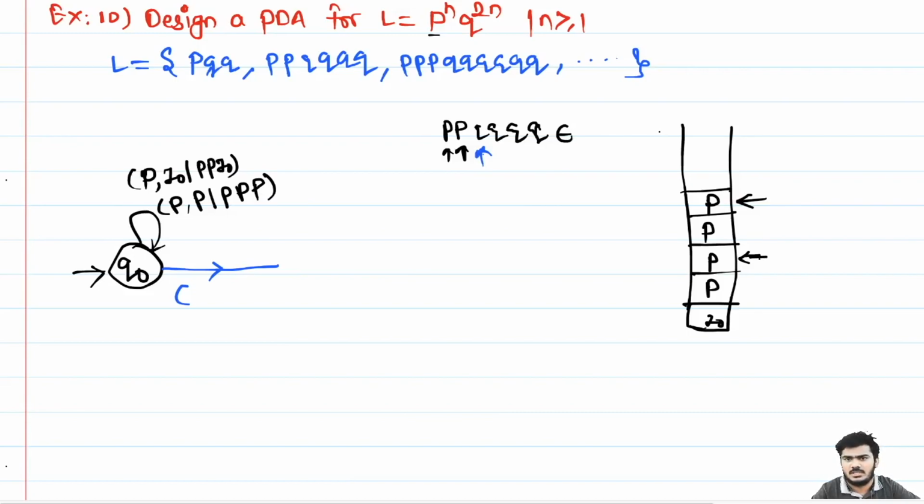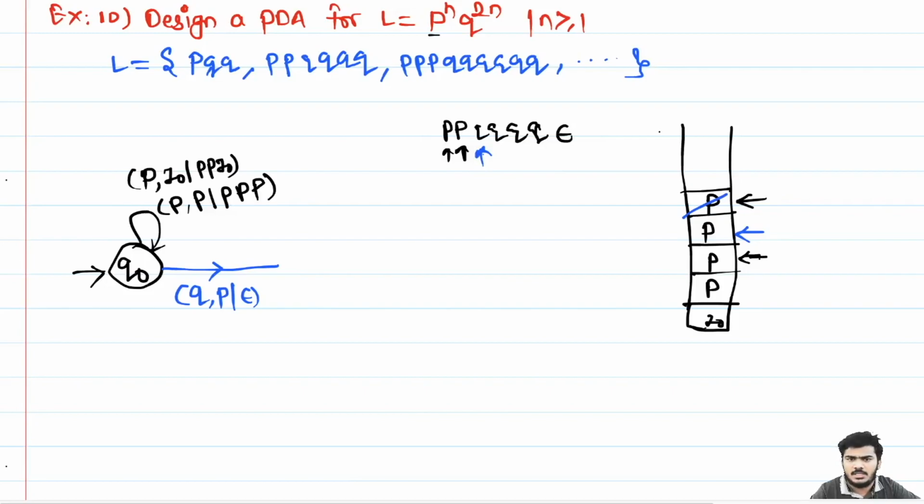The language definitely contains p first and after that q. So whenever the input is q and the top of the stack is p, I have to pop that. For this q I have popped this p and updated the top pointer.